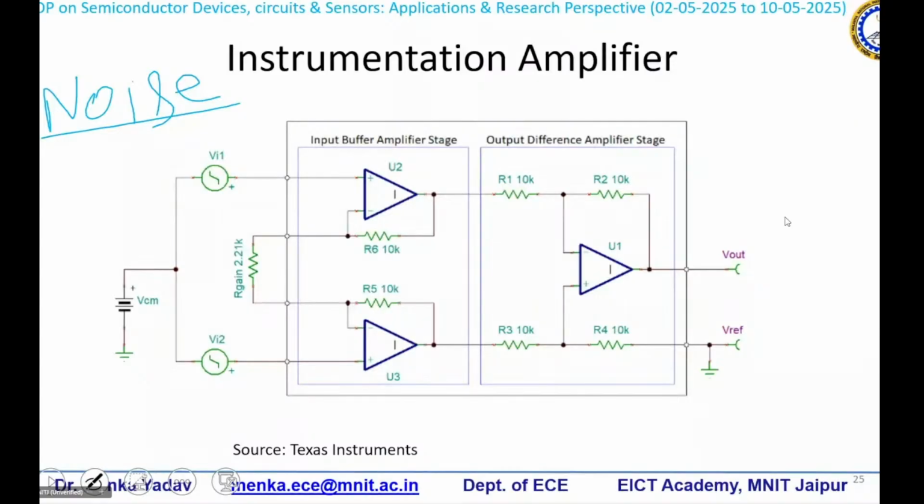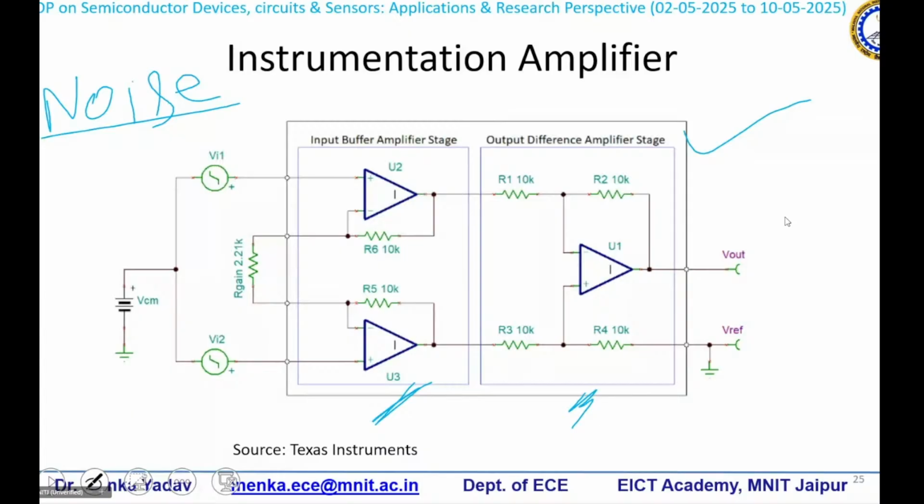This is the simple configuration for an instrumentation amplifier. In this, we have two blocks. The first block is the input buffer amplifier stage, and the second block is the output difference amplifier. In the output difference amplifier, R1, R2, R3, R4, all of these are equal.